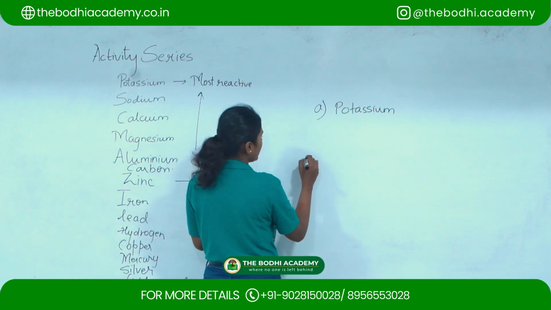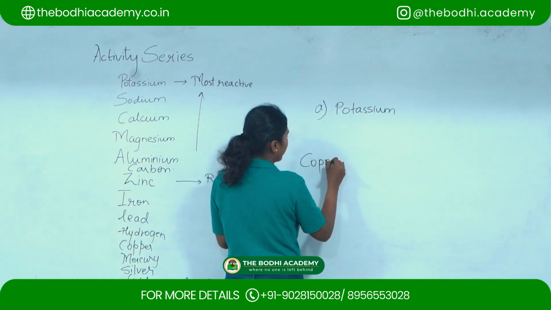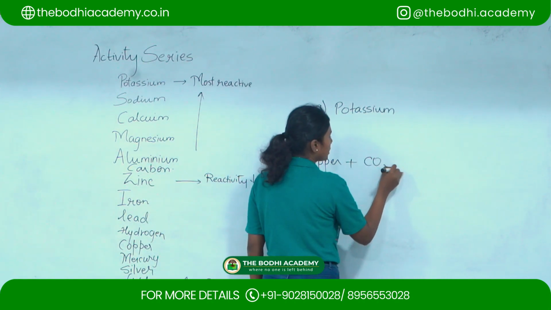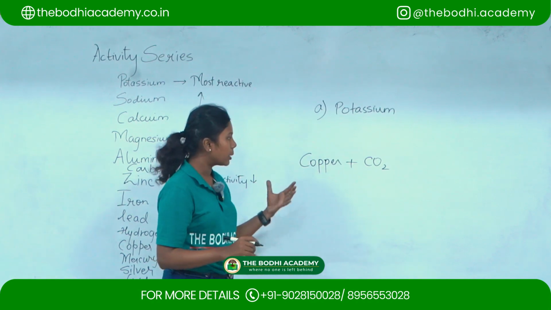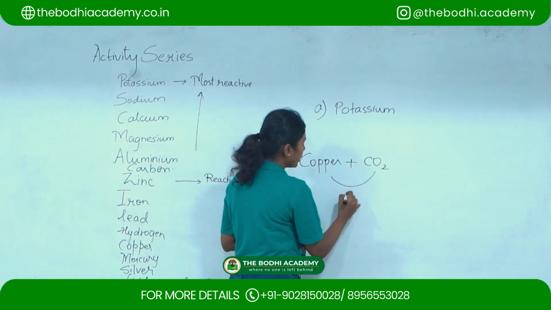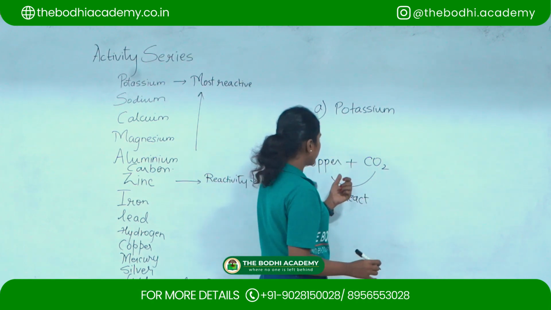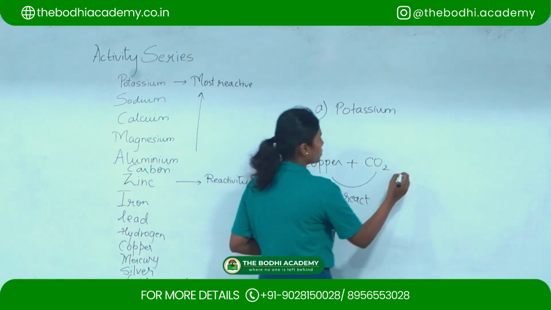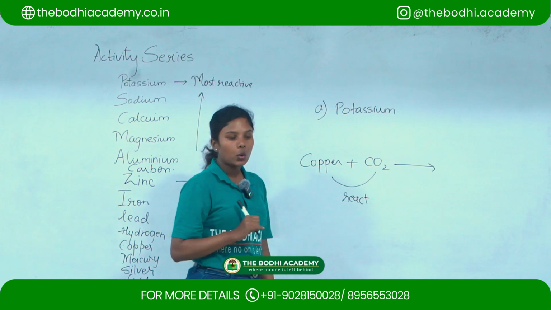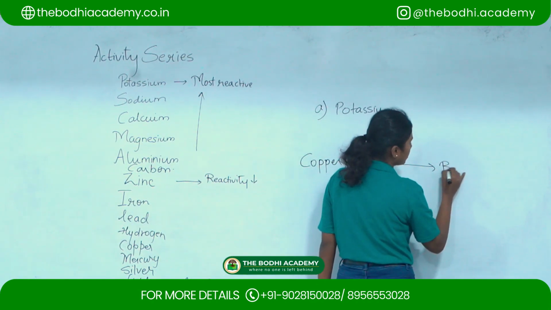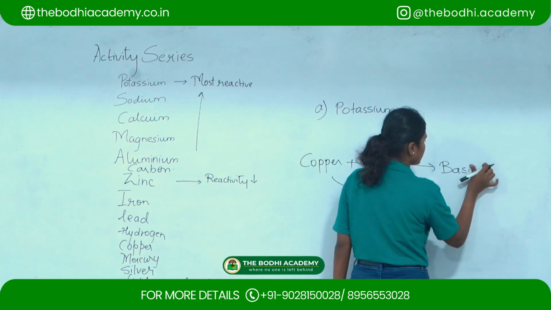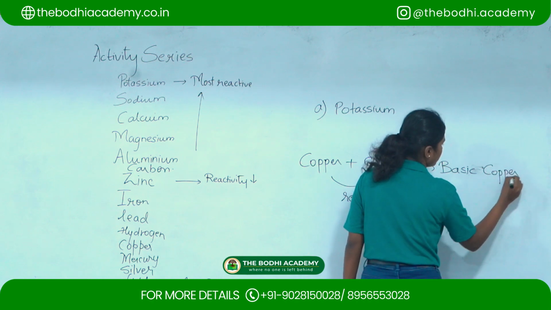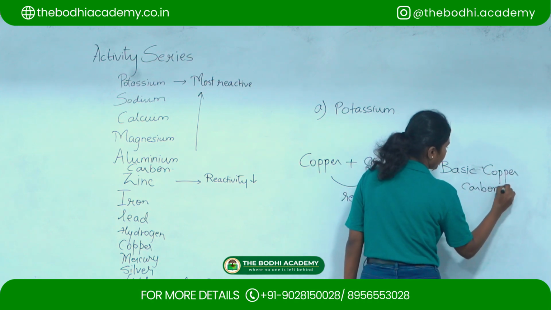So now, say we have copper. What happens is copper over time reacts with carbon dioxide that is present in the atmosphere. Over time this carbon dioxide combines with copper, and that leads to the formation of that green coat, which is basic copper carbonate.